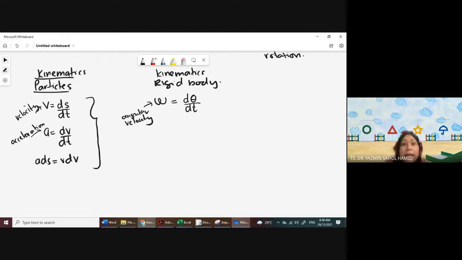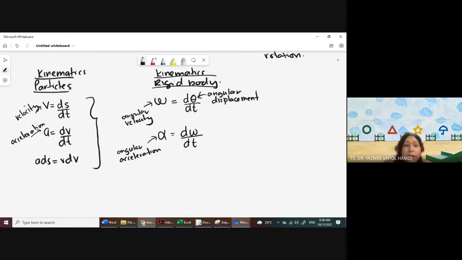So this is what you call angular displacement. And then for acceleration, for kinematics of rigid body, it will be equal to alpha. And this is what you call, can you guess? Angular acceleration. So this one will be d omega over dt.